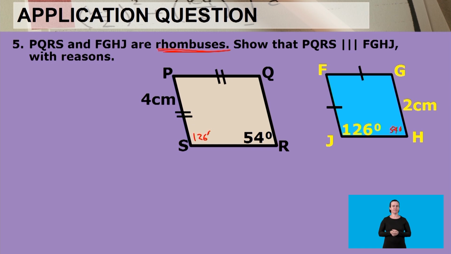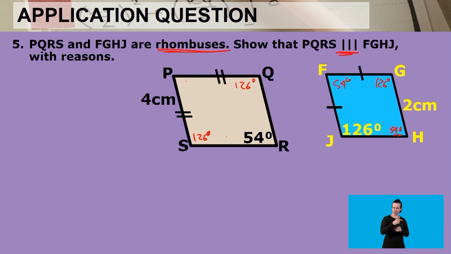Let's then prove our similarity, because that's what they want us to prove. When I look at the sides, I notice that I could use the angles because the opposite angles are also equal. With just the angles I can safely say that if this is 54, that is also 54, that is also 126, and this one is also 126.